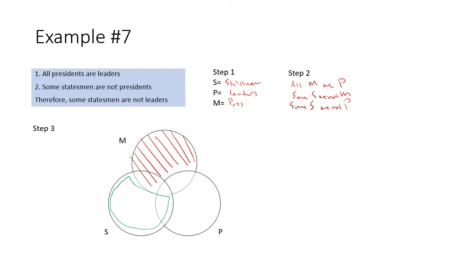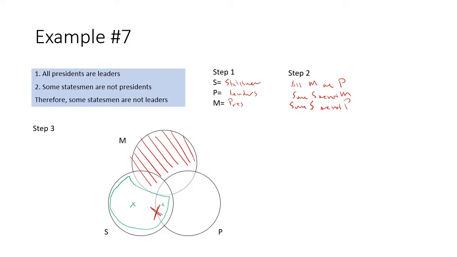It's an S that isn't an M. Both of those areas would count. It would be in the S circle but not in the M circle, so either there or there. When you're faced with a choice, given that you only have one X, you have to put the X on the line between those two areas to indicate your indecision. It could go in the area on the left, or it could go in the area on the right.